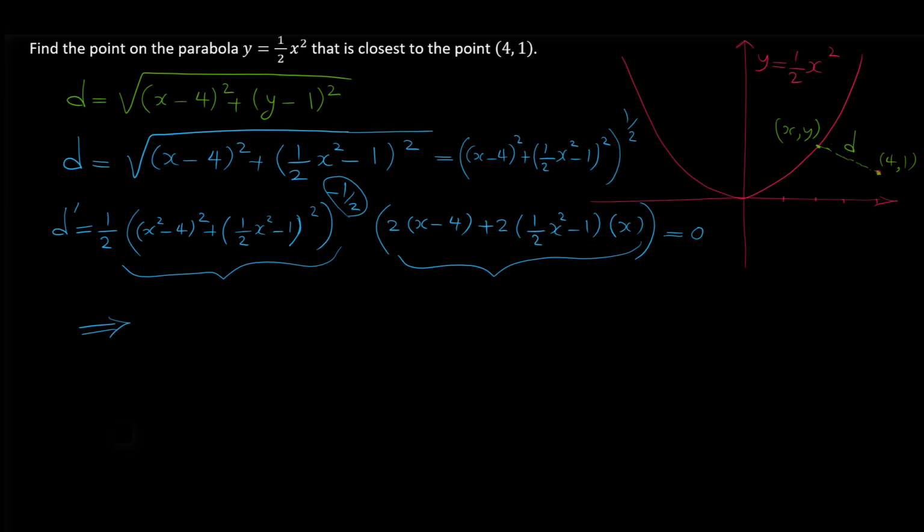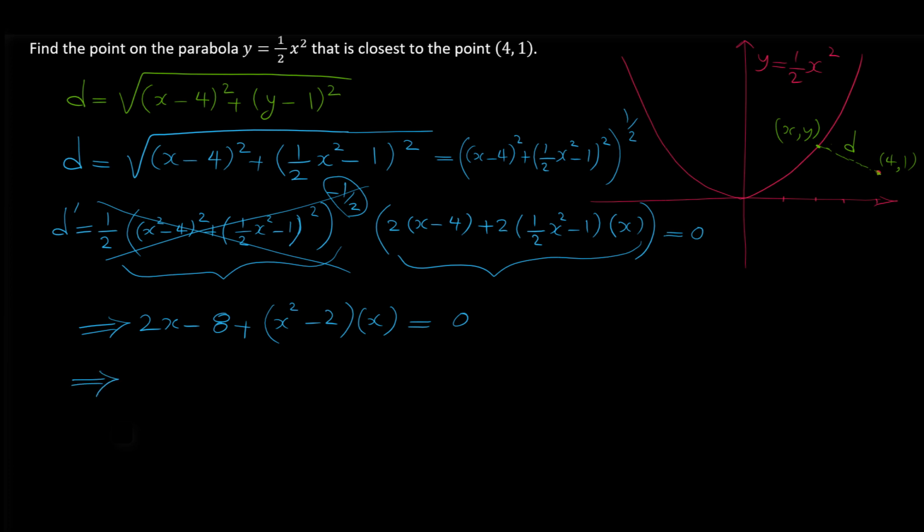So we have 2x minus 8 plus (x to the 2 minus 2) times x equals 0.